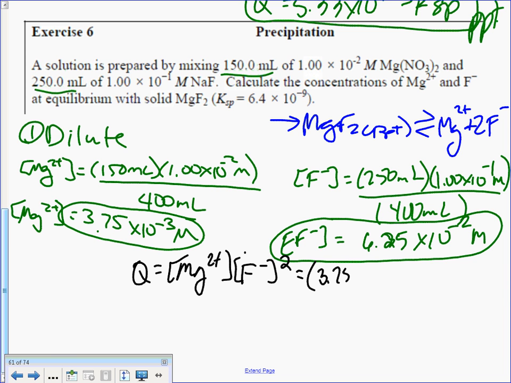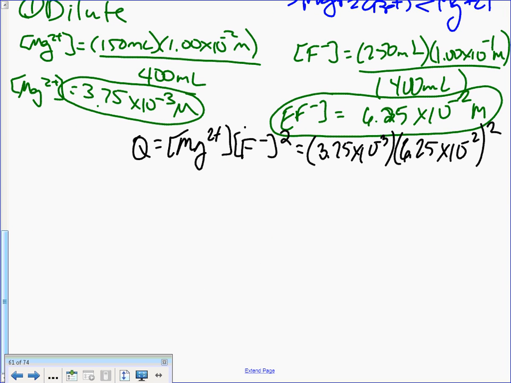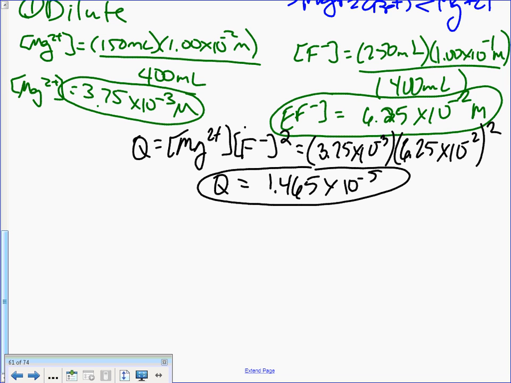I'll write out my work. 3.75 times 10 to the negative third times 6.25 times 10 to the negative second squared. So I get Q to be 1.465. I don't mind doing all the math for you guys as long as you're paying attention and watching what I'm doing here. Okay, so I got Q to be 1.5-ish times 10 to the negative fifth.